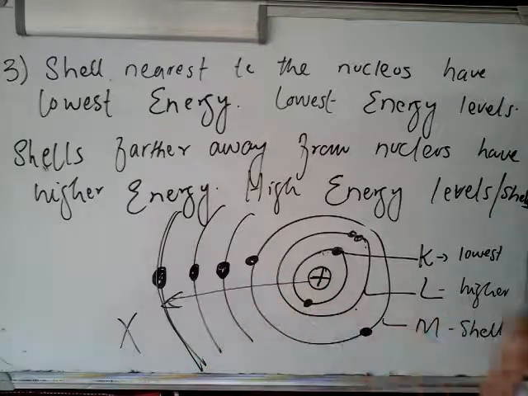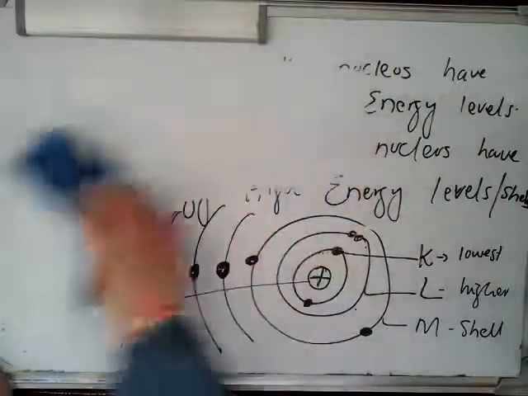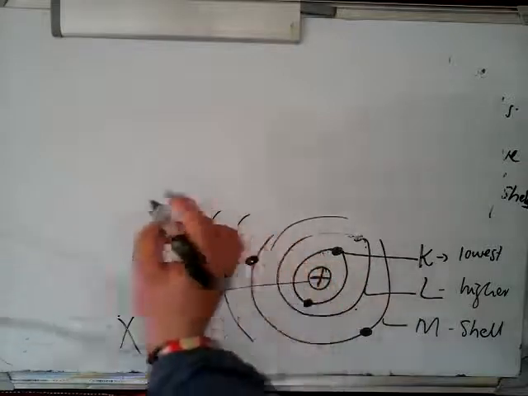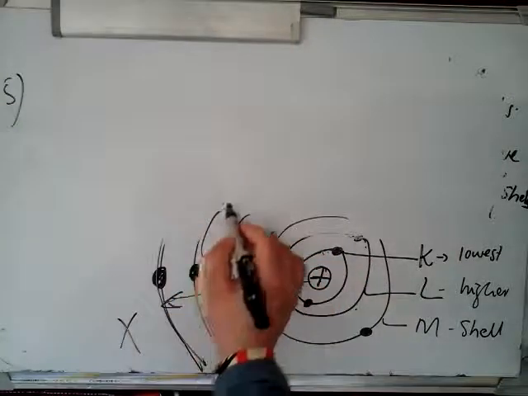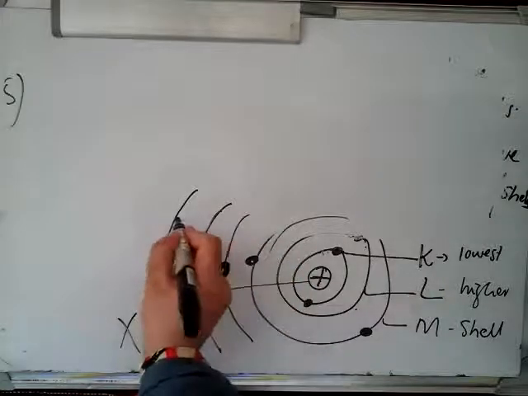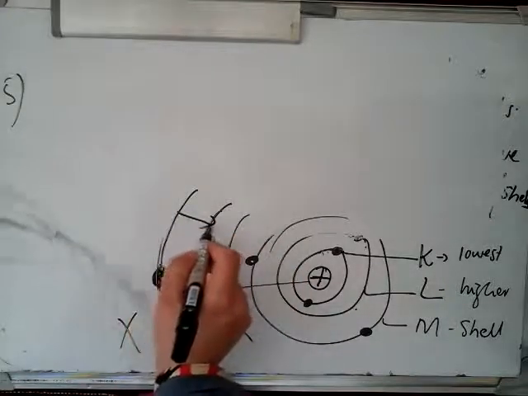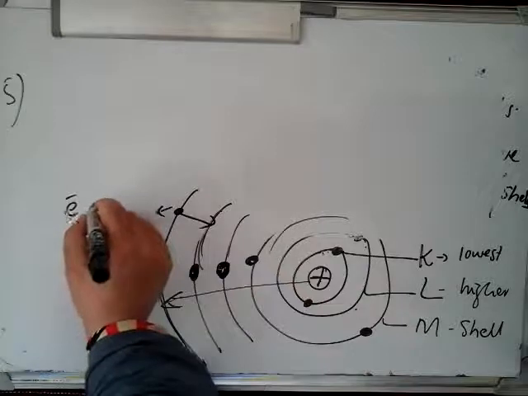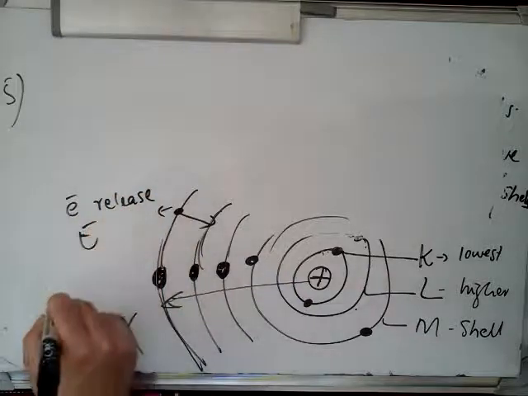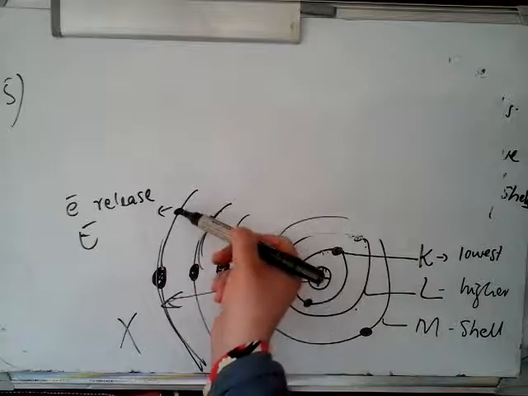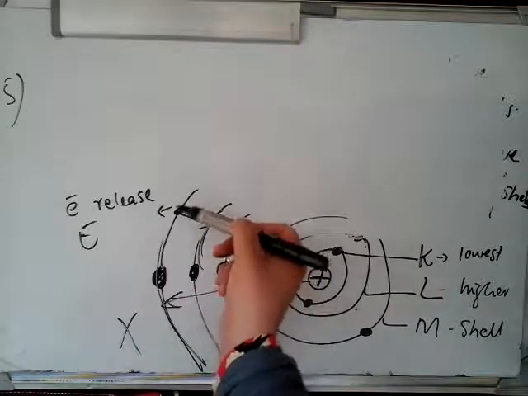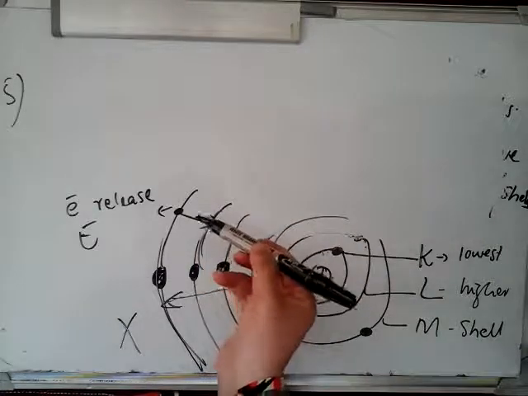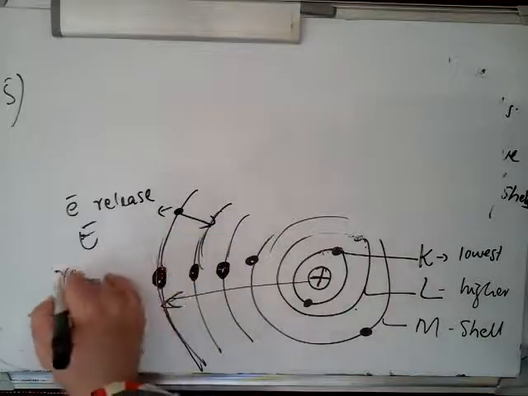Keep in mind that if electrons want to jump or move from a higher energy level to a lower energy level, what will happen? In this case the electron would release energy. I will repeat: if electrons move from a higher energy level or higher shell to a lower shell, the electron will emit energy in the form of radiations.